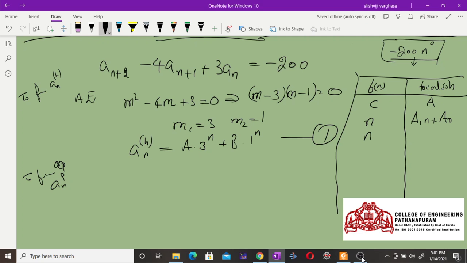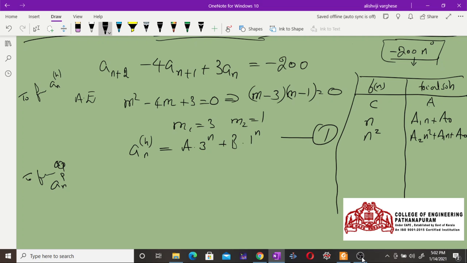If it is n square, or in general a second degree polynomial expression in n, the trial solution is a2n square plus a1n plus a0.